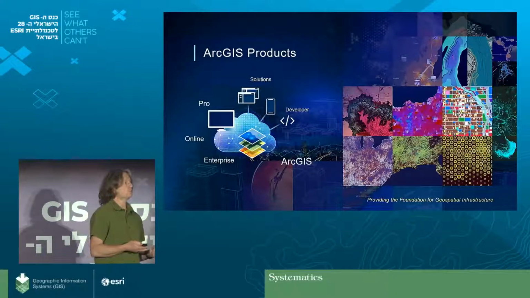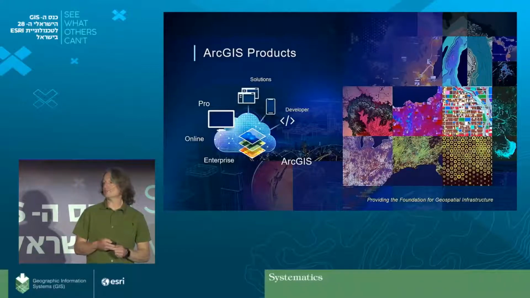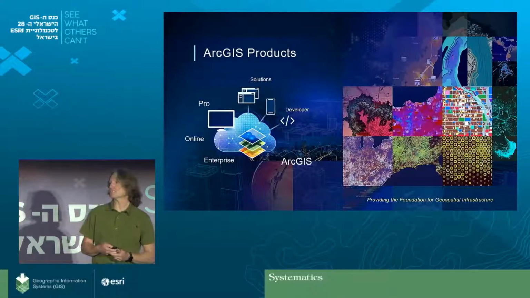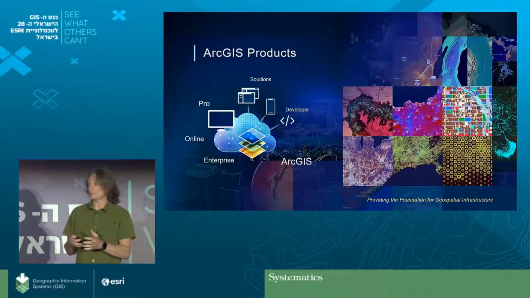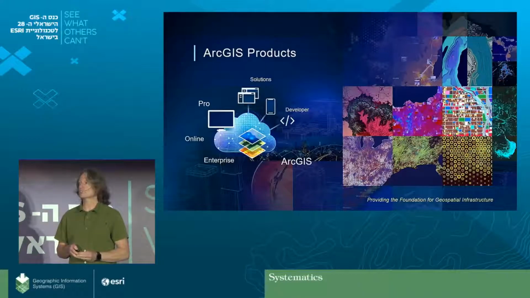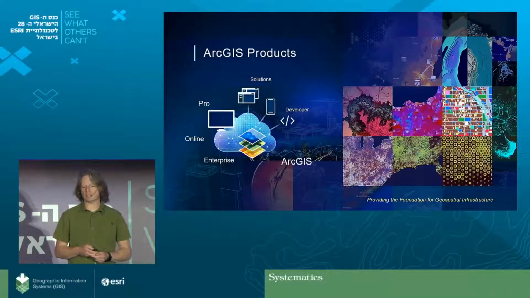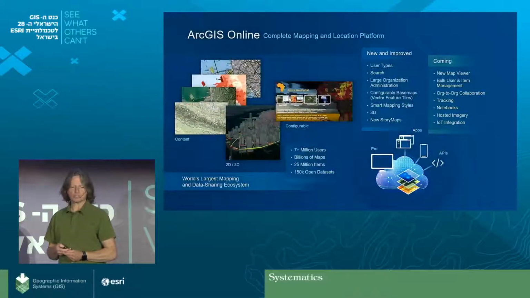We've got Pro, the professional desktop environment. And we have dedicated solutions built on top of these that really take these generic products and focus them to specific workflows. And of course, all of this is made available to developers through the various APIs and SDKs that we have. So let's take just a step through some of these products.